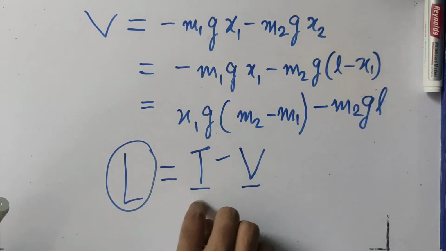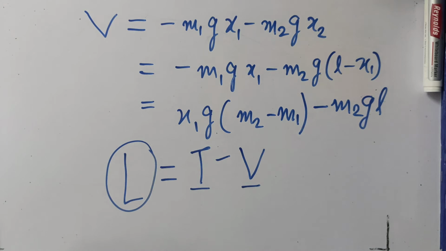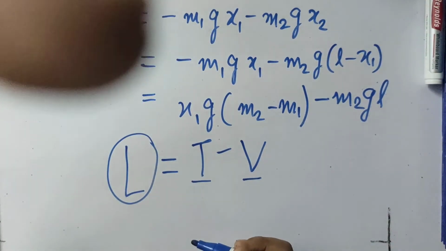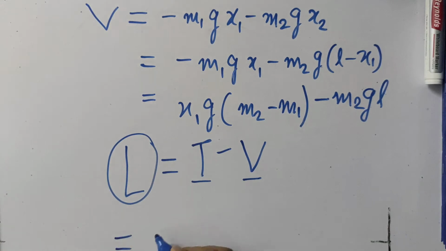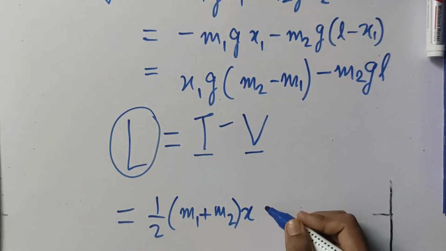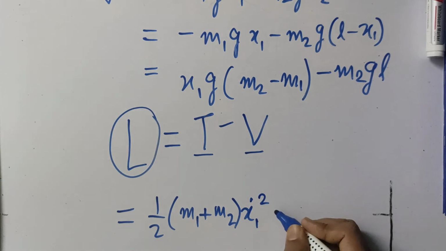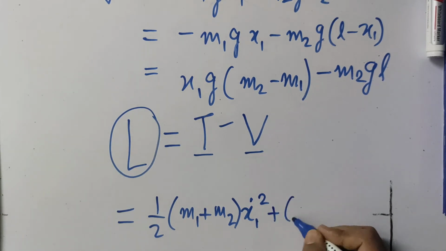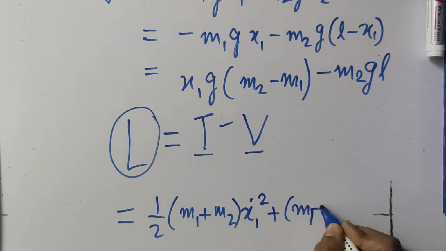So this is L is T minus V, and that simplifies or boils down to, yeah, half, if you remember T, (m1 plus m2) x1 dot squared plus (m1 minus m2) g x1 plus m2 g L. Notice here I've changed the signs.